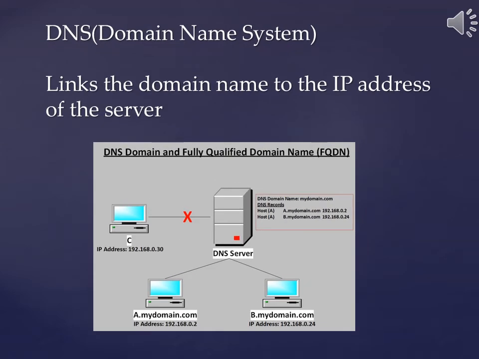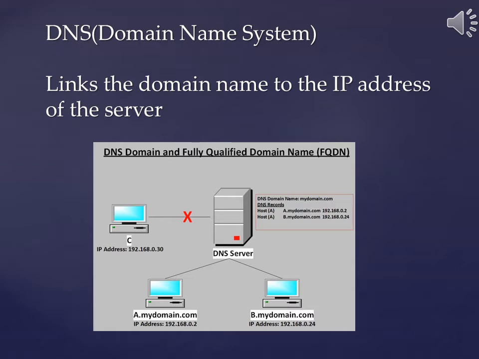DNS, the domain name system, links the domain name to the IP address of the server. What is a domain name? It is the name of the web page, and it is our choice. First, tell me guys, we all know that every web page and web app on the internet has an IP address, right? Is it easy to remember an IP address or a name for that web app?